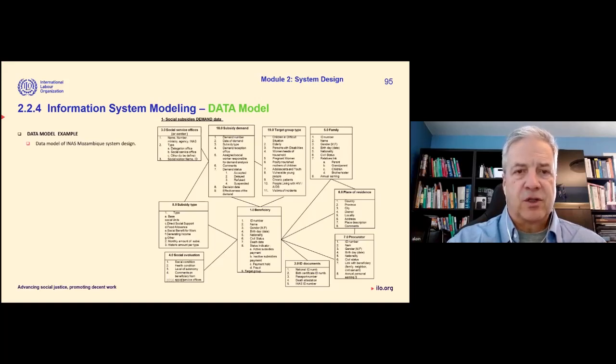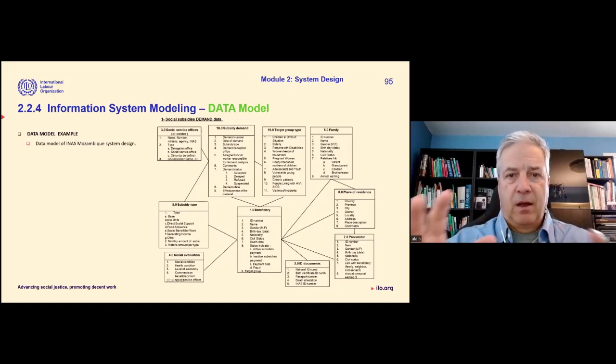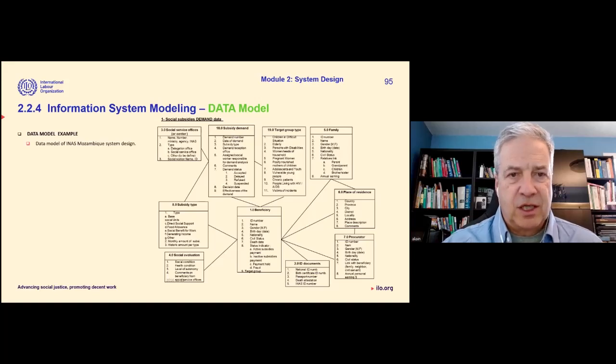When the beneficiary presents a demand, which is on paper, there is a unique number for that demand, and then the date of the demand, the subsidy type involved, where it has been received, which office, which region, which social worker was assigned, etc. So all the pieces of information you need to process the subsidies demand are exploded into little pieces.